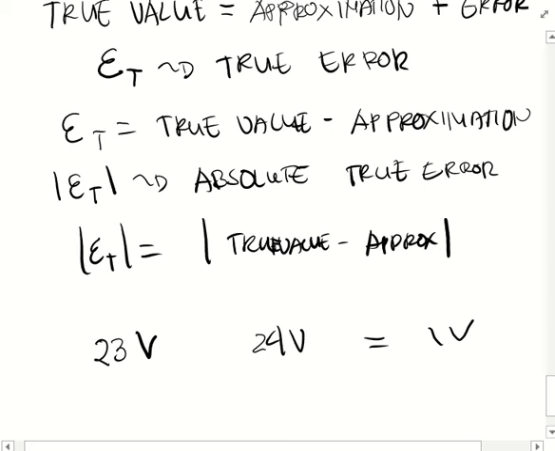Now how about if I measure 3 volts, but the exact value is 4 volts? What happens here? It's the same true error.